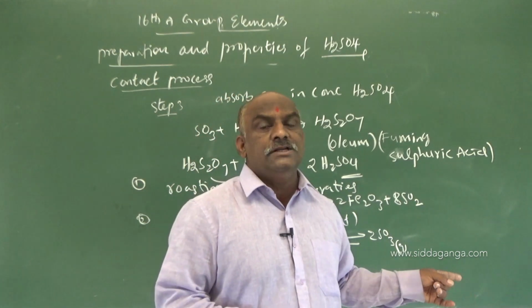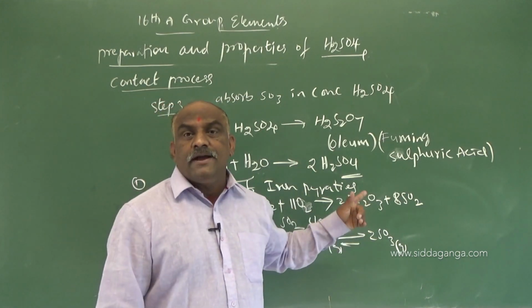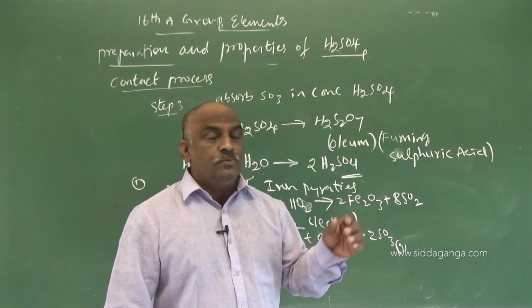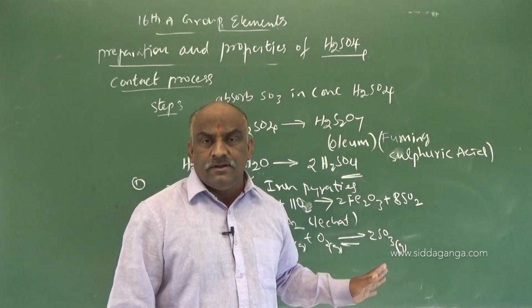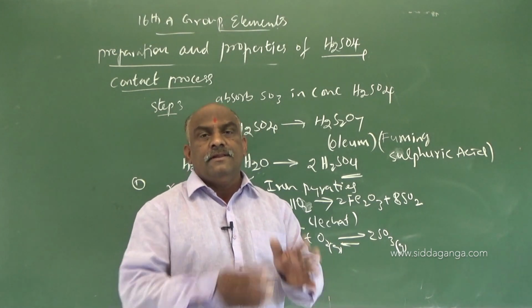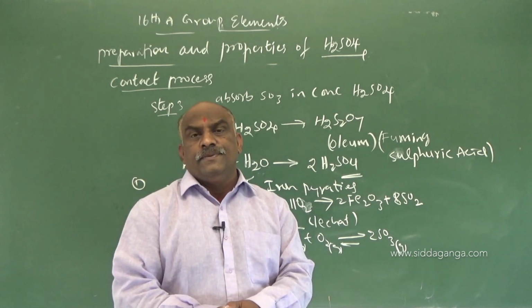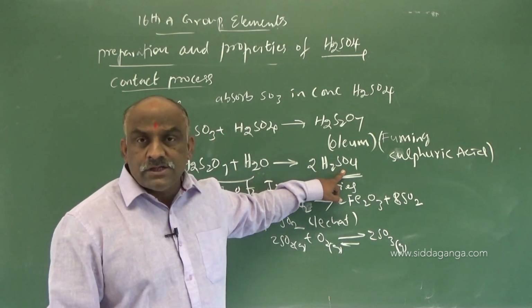When the gases used in the contact process are not pure, the catalyst is affected. Then the catalyst becomes poisoned, which means there is no yield of sulfuric acid.